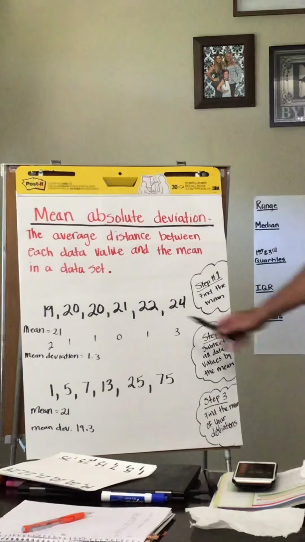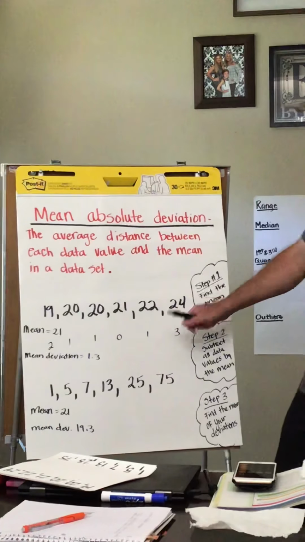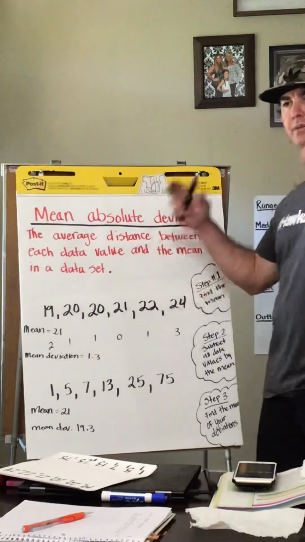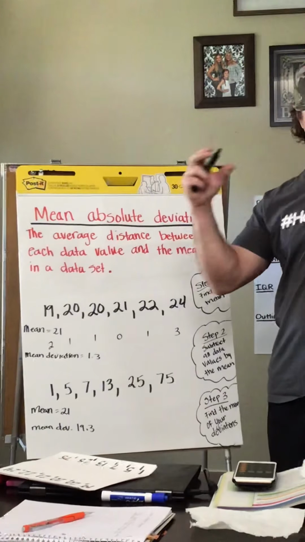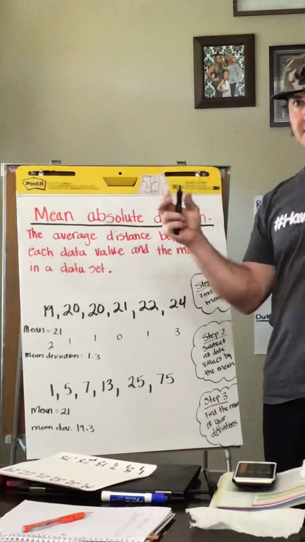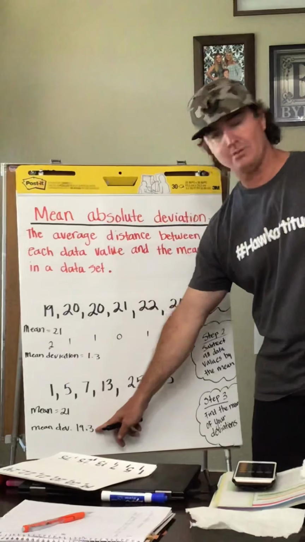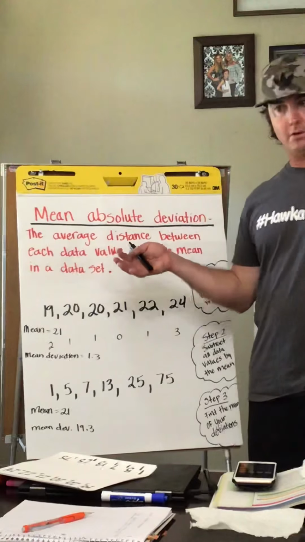We have the same exact average, but for this set of numbers the mean deviation is only 1.3. So that tells you the numbers are very close together, very tight. This deviation is 19.3, so that tells you the numbers are very far apart, spread apart more.